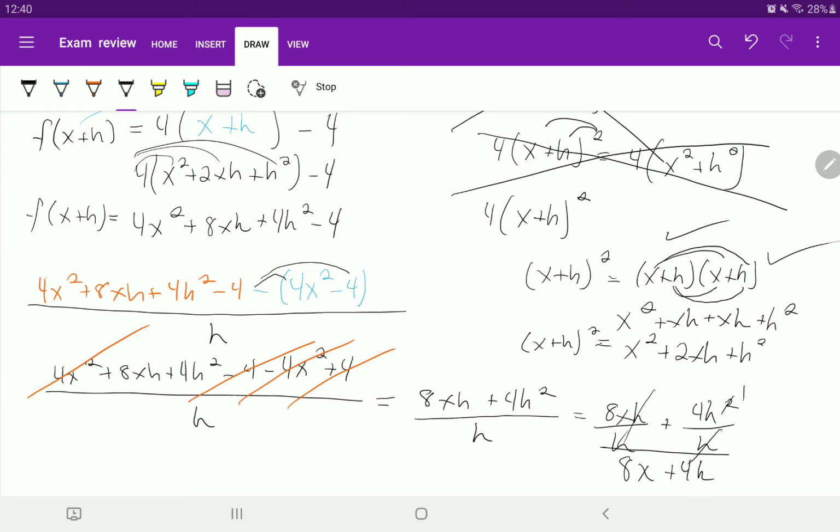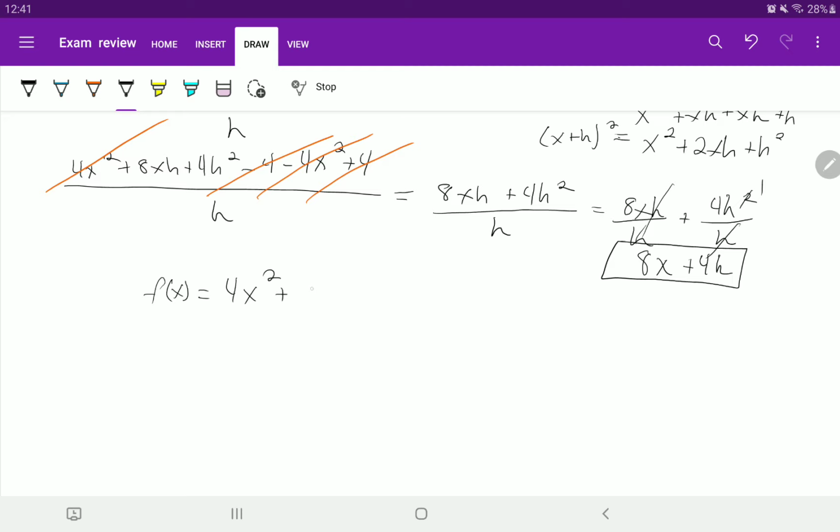Now, I did say I'm going to give a supplementary problem as well. So make sure you have all this down. Suppose I switched it up real quick. Suppose I had f of x equals 4x squared plus 2x minus 4, and I want to find f of x plus h.